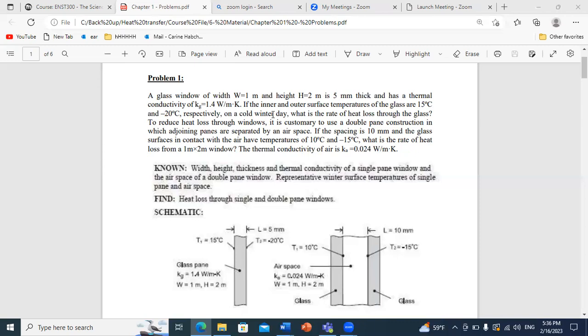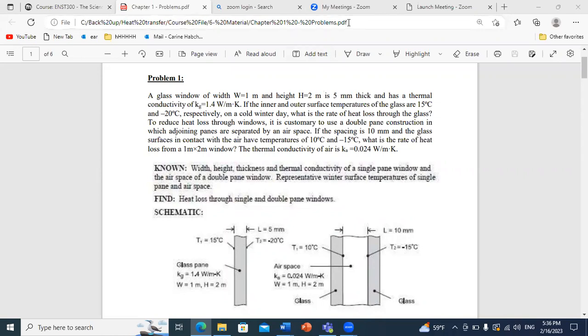The majority of our buildings have double glazing because it will reduce heat losses between the indoor and outdoor environment, so we can reduce the ventilation needs, etc. Here they simplified the problem a little bit for us, but I will tell you how to deal with it in case of a more complex scenario.